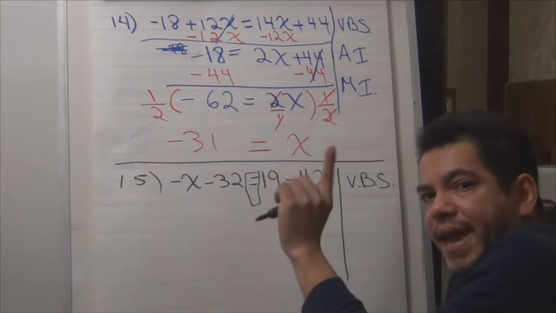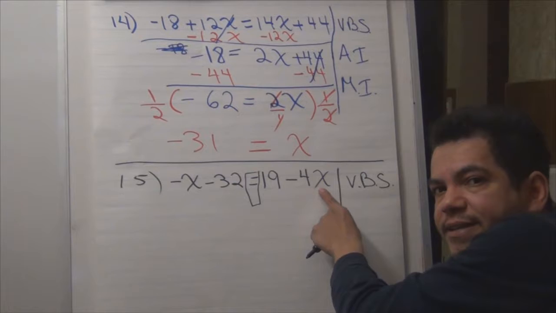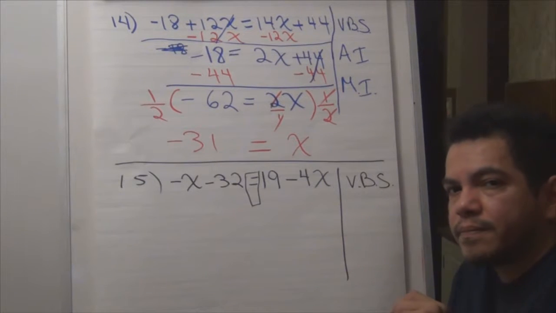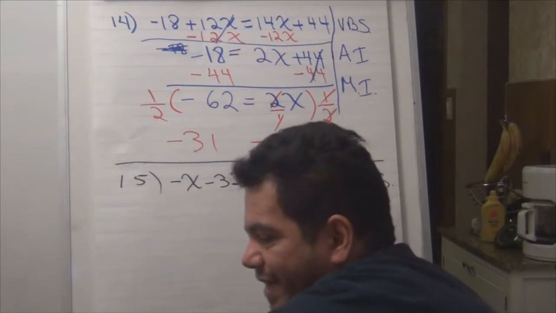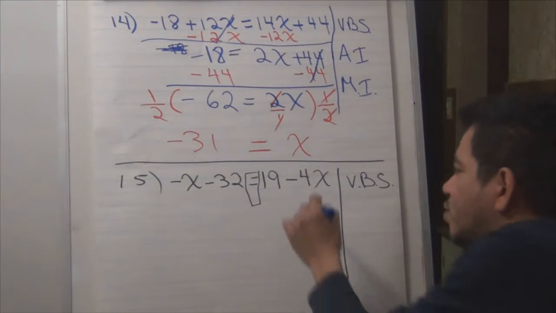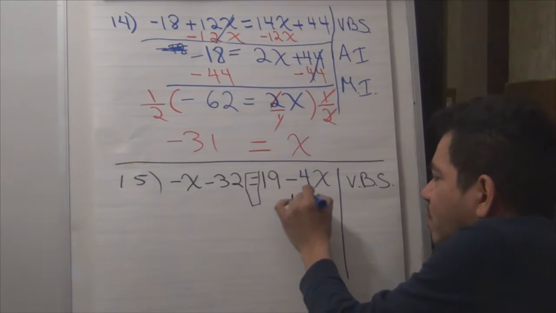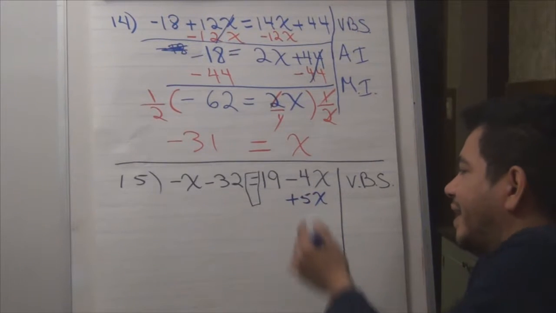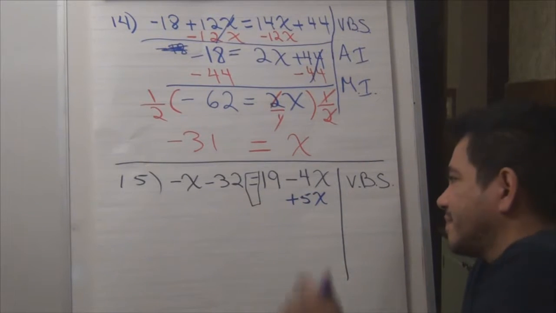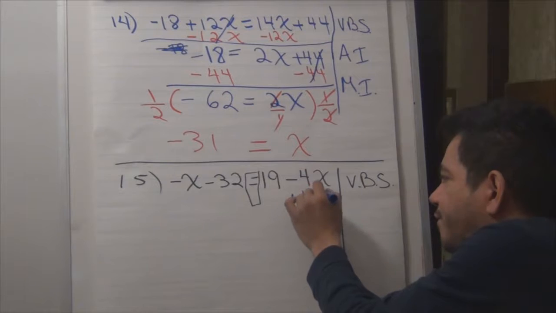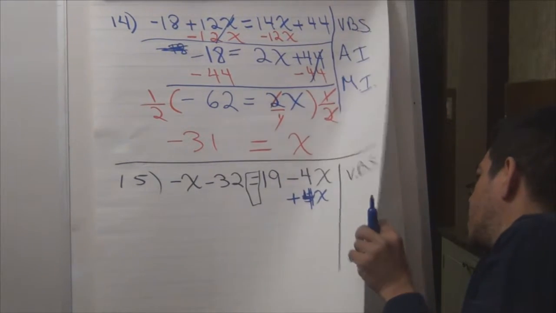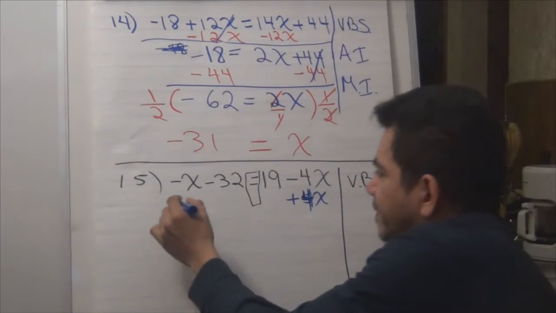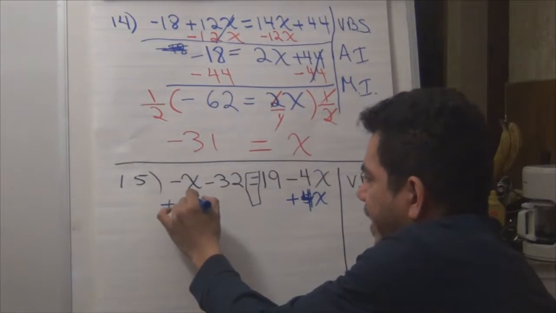Negative 1x or negative 4x? Which one is smaller? Right, exactly. Negative 4x is smaller, so I'm going to use the additive inverse of negative 4x. Alright, so plus 4x.